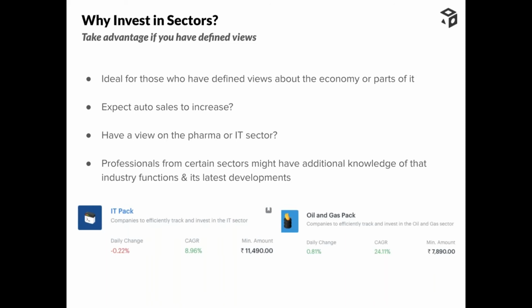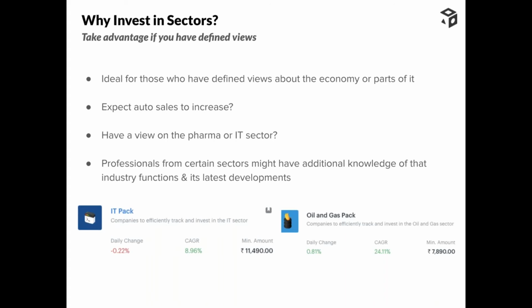So if someone anticipates that an economic slowdown is coming, then it doesn't make sense to invest in sectors which will only do well if the economy is broadly doing well. On the other hand, if someone expects the economy to do well, then it makes much more sense to invest in cyclical stocks or sectors than in sectors which tend to do better when the overall economy has slowed down.